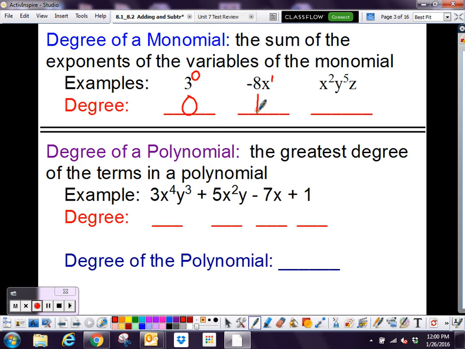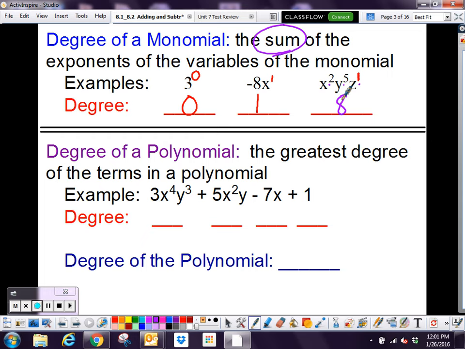Now, this next one's a little tricky because you've got a 2 on your x, a 5 on your y, and we have a 1 on the z that you can't see. Okay, and think about what that definition said. It said the sum of the exponents of the variables of the monomial. So if I take the sum of all these exponents, I have 2 plus 5 plus 1, so my degree is 8.